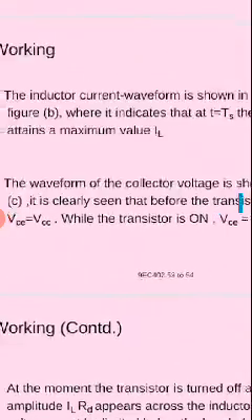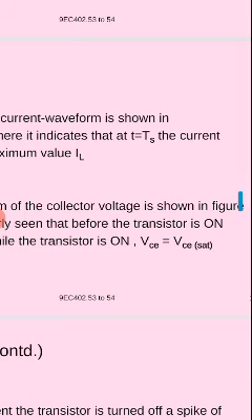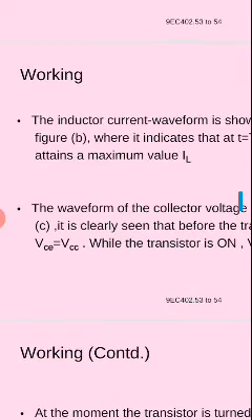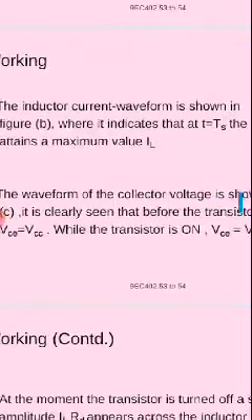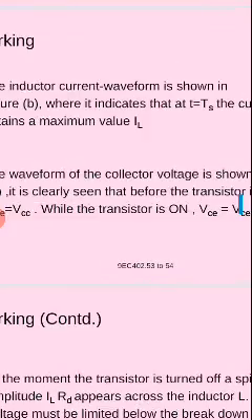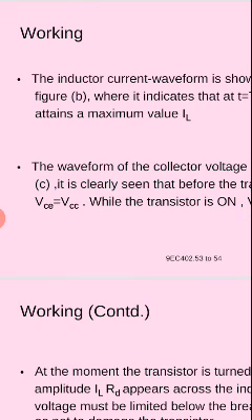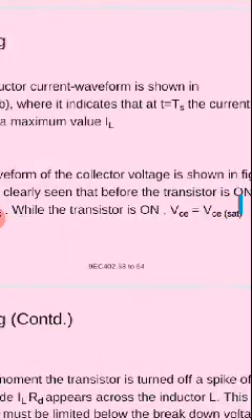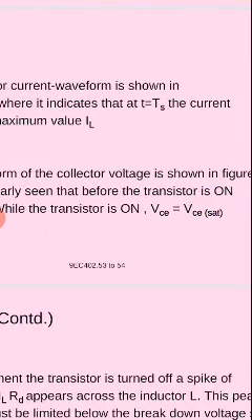The waveform of the collector voltage is shown in the figure. It is clearly seen that before the transistor is on, Vc equal to Vcc. While the transistor is on, Vc equal to Vc sat.